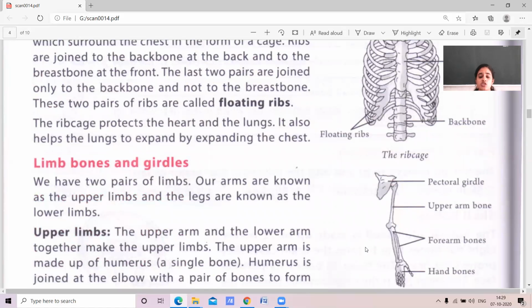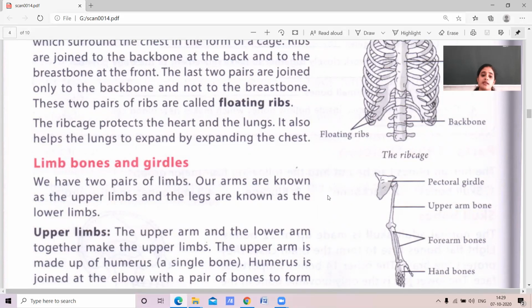This rib cage protects organs like the heart and lungs. It also helps the lungs to expand by expanding the chest at the time of respiration, children.